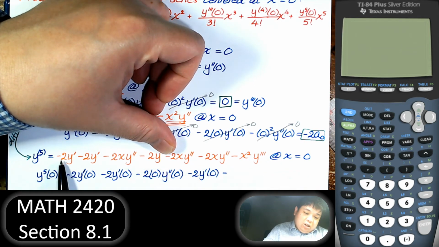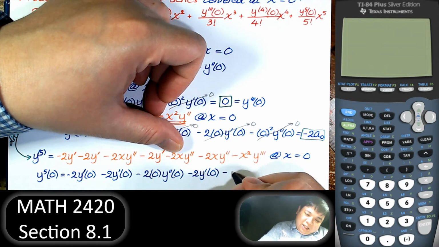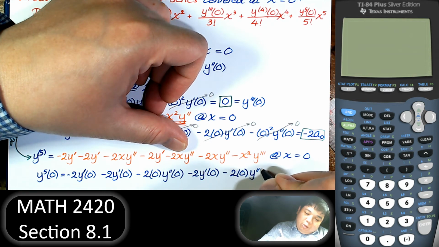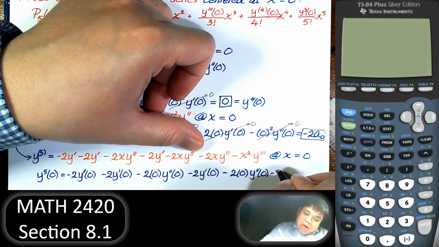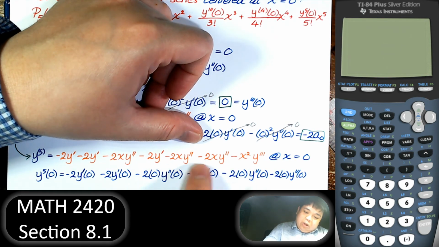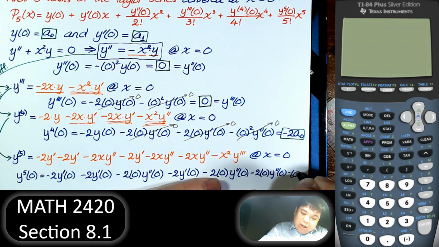Actually we should combine just 1, 2 and 3 of them. Anyway, 2 times 0 times y double prime of 0 minus 2 times 0 times y double prime of 0, and those two can combine as well, minus 0 squared y triple prime of 0.